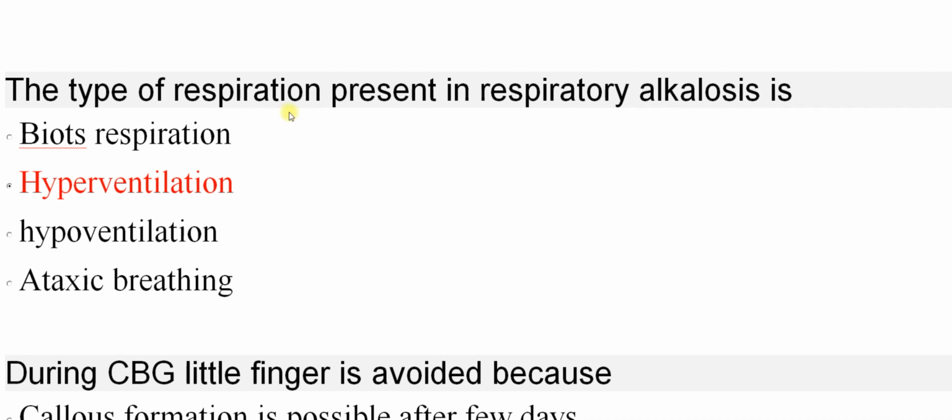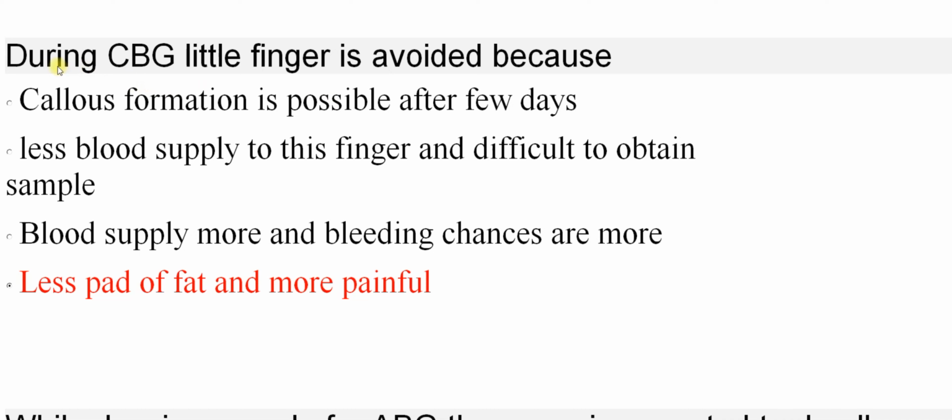The type of respiration present in respiratory alkalosis is, answer is hyperventilation. During a CBG, little finger is avoided because, answer is less pad of fat and more painful.